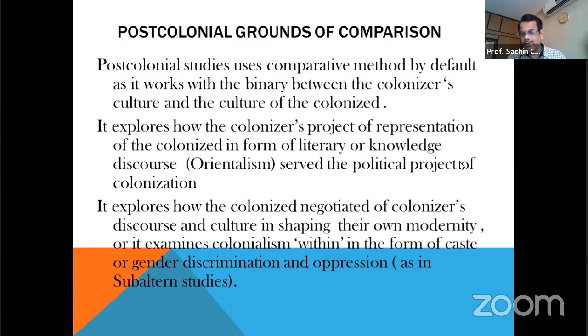For example, a more Orientalist way of working with post-colonial study would look at how the colonizers' project of representation of the colonized, in the form of literary knowledge and discourses, served the political project of colonization. So that is one way to do post-colonial studies, to look at the representations of the colonized and how these representations are political, how they fed into the project of colonialism. So this is the Orientalist way.